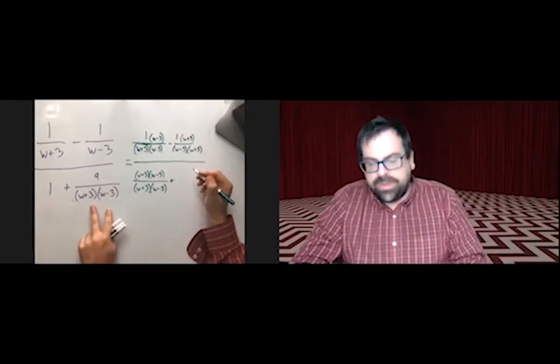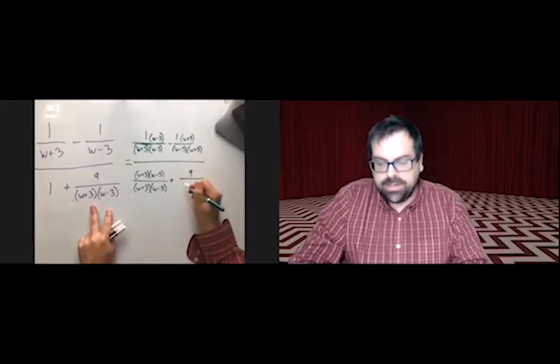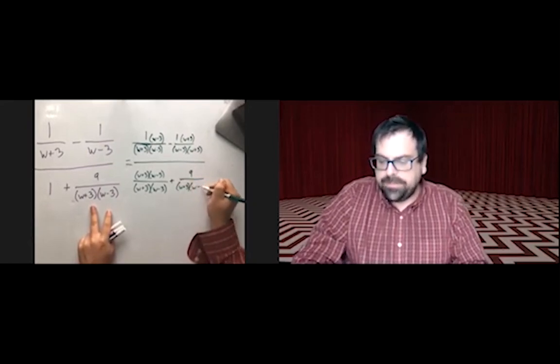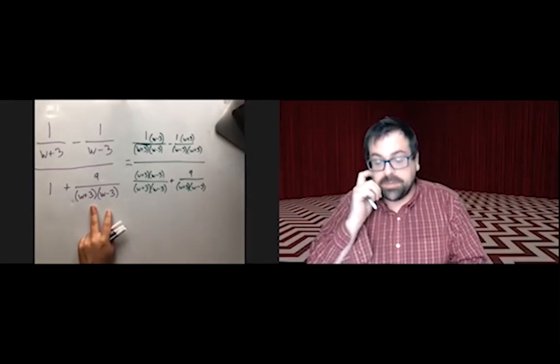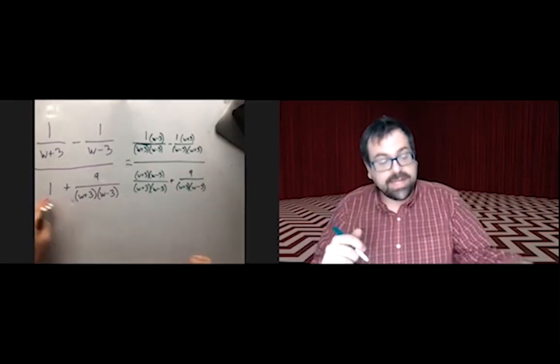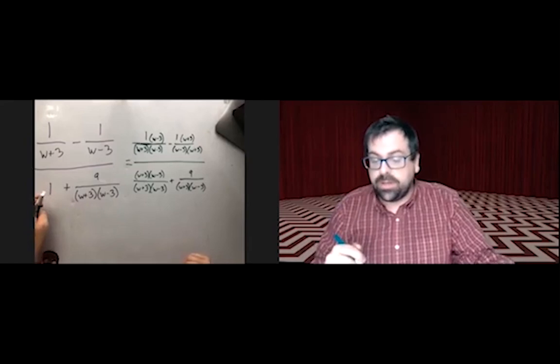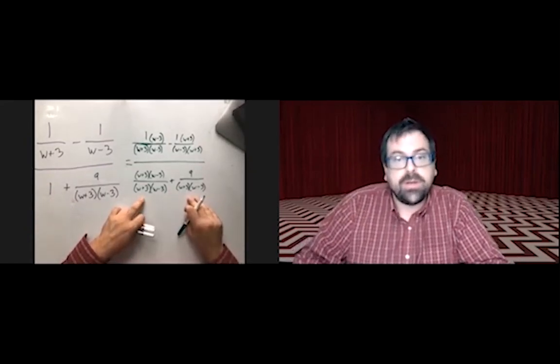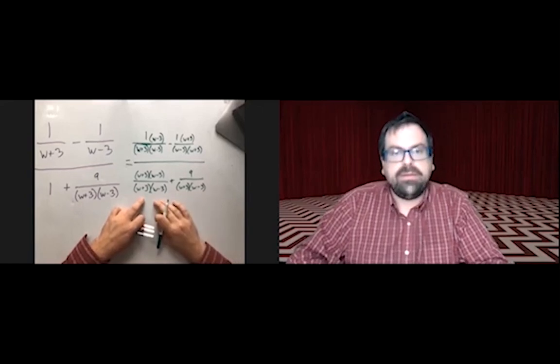Because we need to add it with this, and this already has a w plus 3 times w minus 3 on the bottom. So since 1 is anything over itself, we can just decide that we want to use what's already on the bottom.